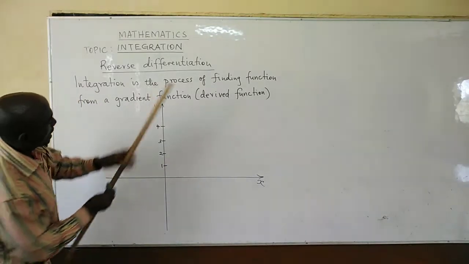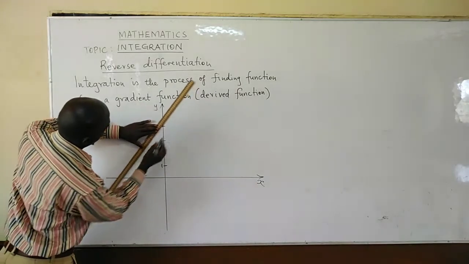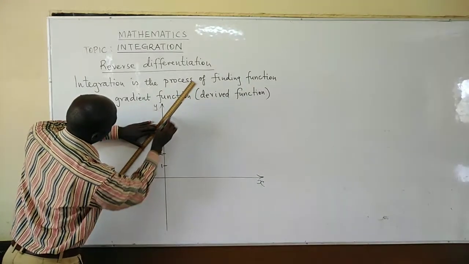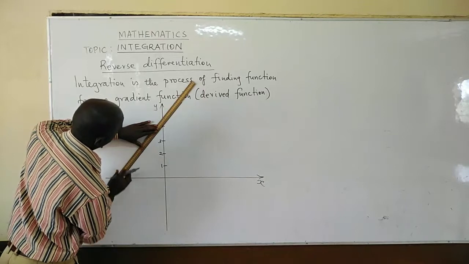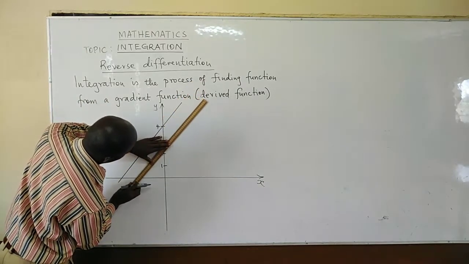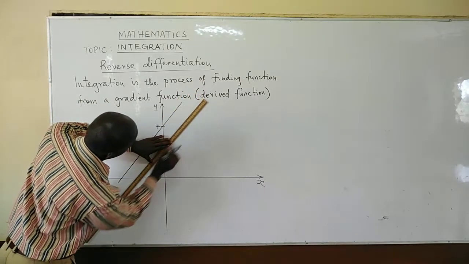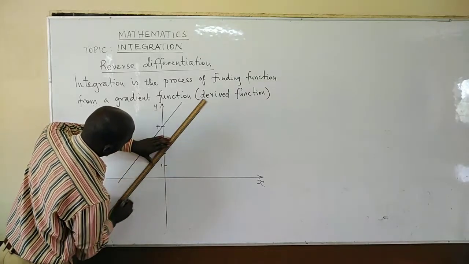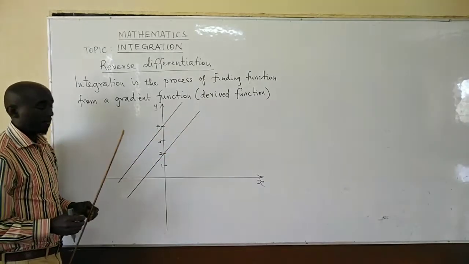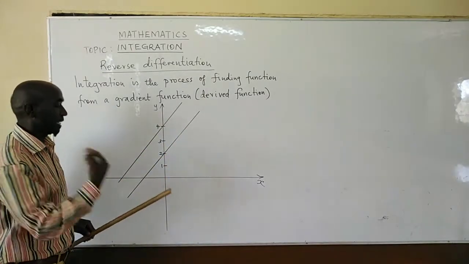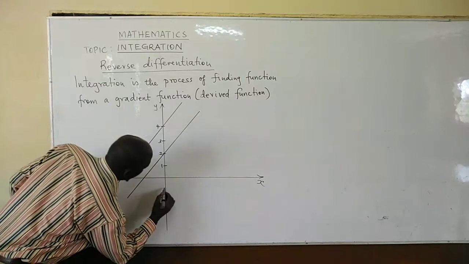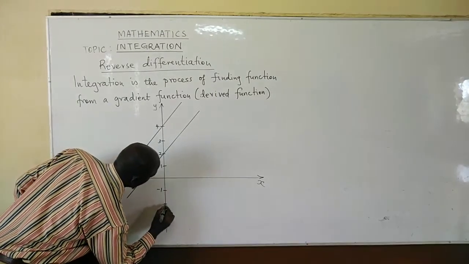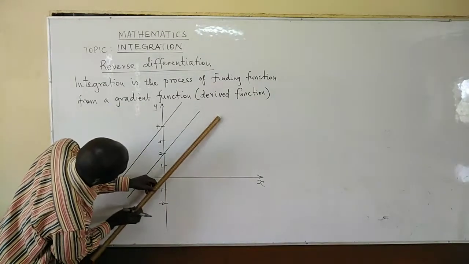Let's say the first one passes through point 4 there. The other one passes through, let's say, point 2 here. And let us assume the lines are parallel. I'm not accurately drawing the lines, but let us assume the lines are parallel. And maybe another one passing through negative 1 here.